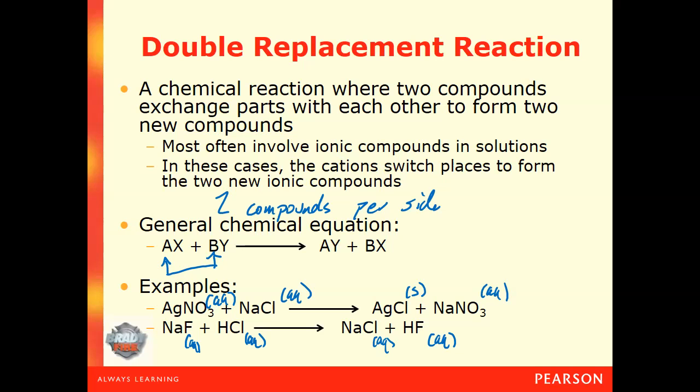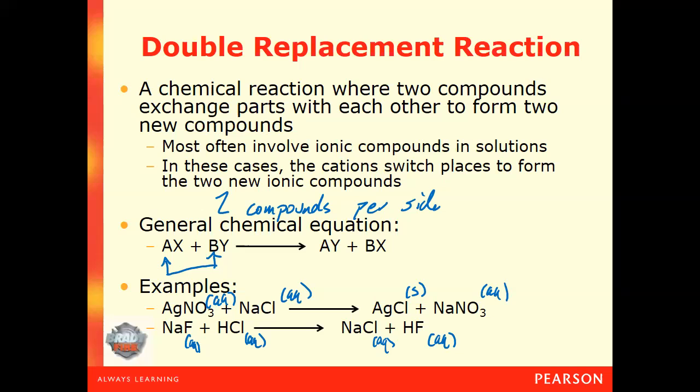But again, you can see in each of these examples, the partnership. Silver with nitrate, sodium with chloride; silver, sodium switch, silver now with chloride, sodium now with nitrate. Sodium with chloride, hydrogen with fluoride; sodium, hydrogen switch.